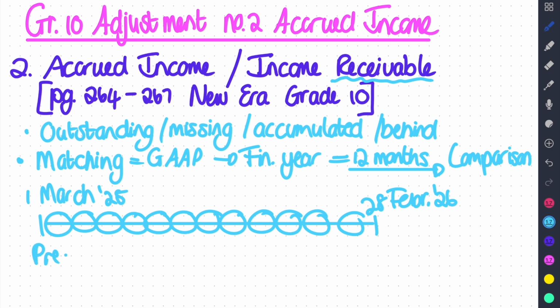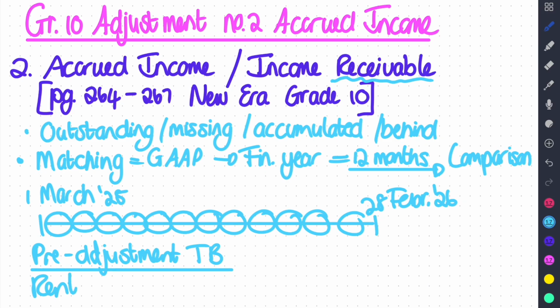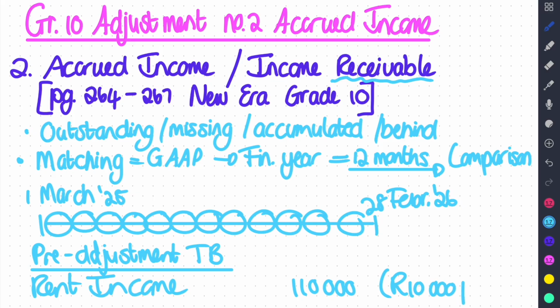If you jump to your pre-adjustment trial balance, which is basically the same as the one you were taught in grade 9, nothing funny about it. Next to rent income, for example, on the credit side, you found 110,000 Rand. And then in the information, they mentioned that the rent is 10,000 Rand per month.